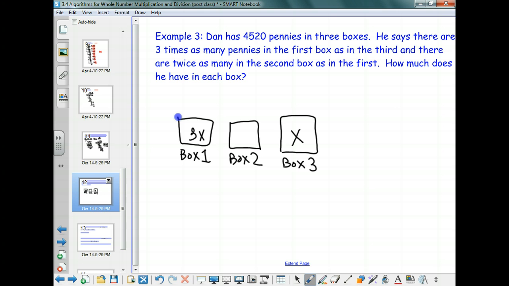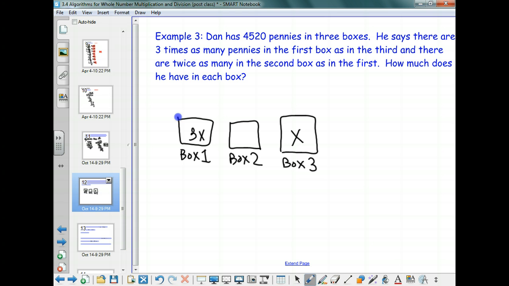This would be an algebraic way of doing this, but I guarantee algebra is coming at you guys younger than you realize. Upper elementary school, they're encountering variables, and it's happening. But yes, if you were working at a younger level with the same kind of problem, maybe a smaller number, you probably wouldn't have 4,000 in the number, just because we have to do a lot of guessing and checking to get this particular one to work out. You could use guess and check.